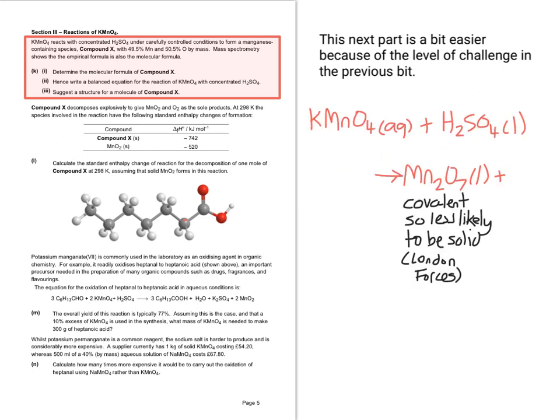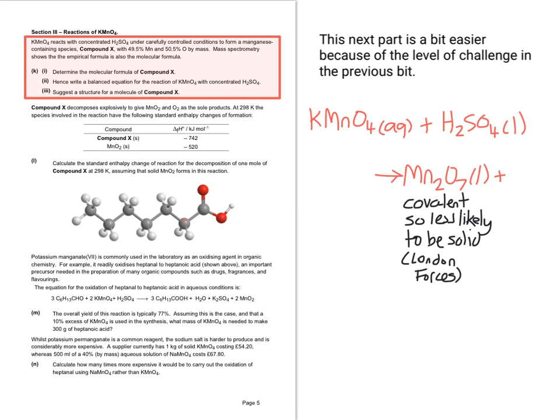So when we're constructing our equation, we can have a stab at doing the state symbols because we know that concentrated H2SO4 has an L next to it for liquid. We know that KMnO4 is an aqueous ionic solution, and Mn2O7 is covalent because it says a molecule of compound X. So it's less likely to be solid because it's only London forces in action.